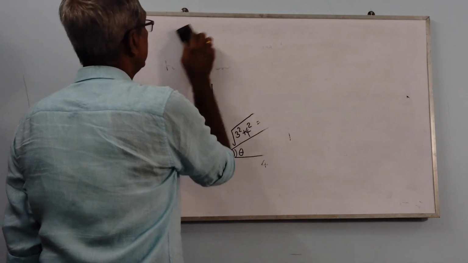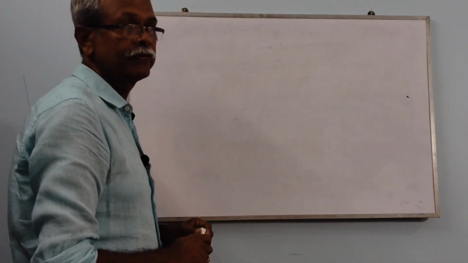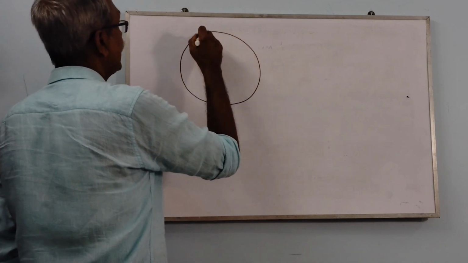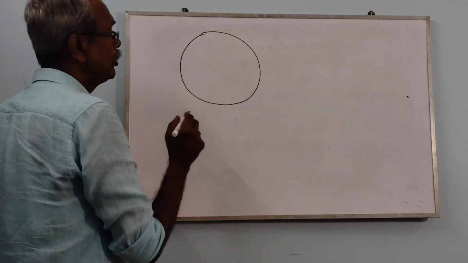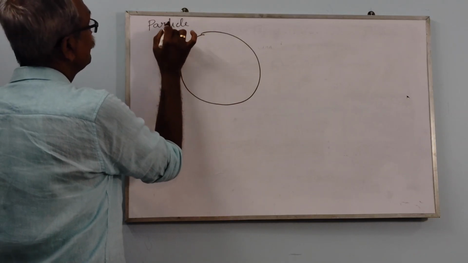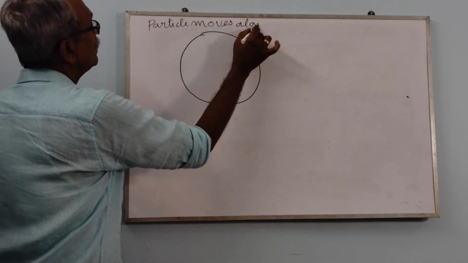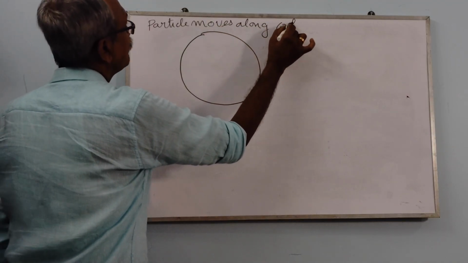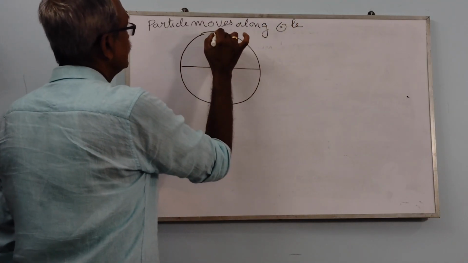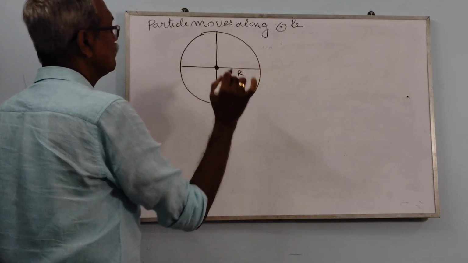Next question, we take a circle. A particle moves along a circle like this. This is one diameter, this is another diameter, this is the center, this radius is r.